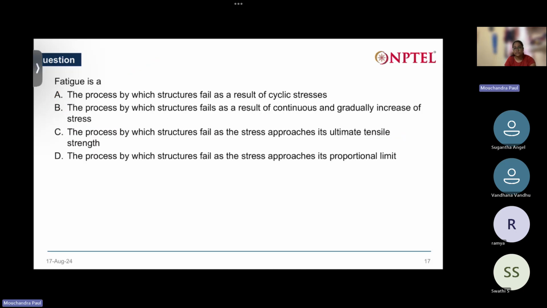This is another question. What is fatigue basically? It is based on that. So fatigue is, it's better if you guys were responding. But fatigue is a phenomenon that happens in a solid material inside the bulk.